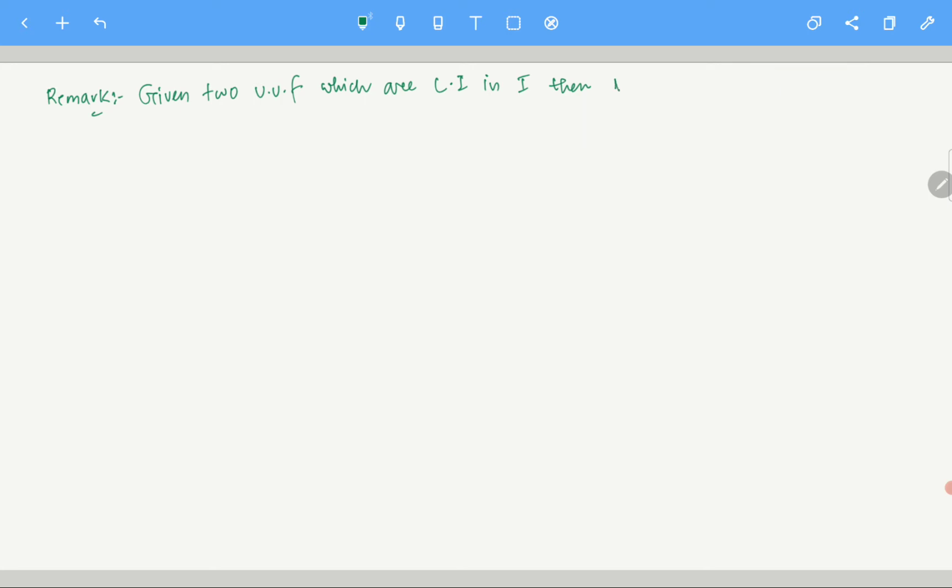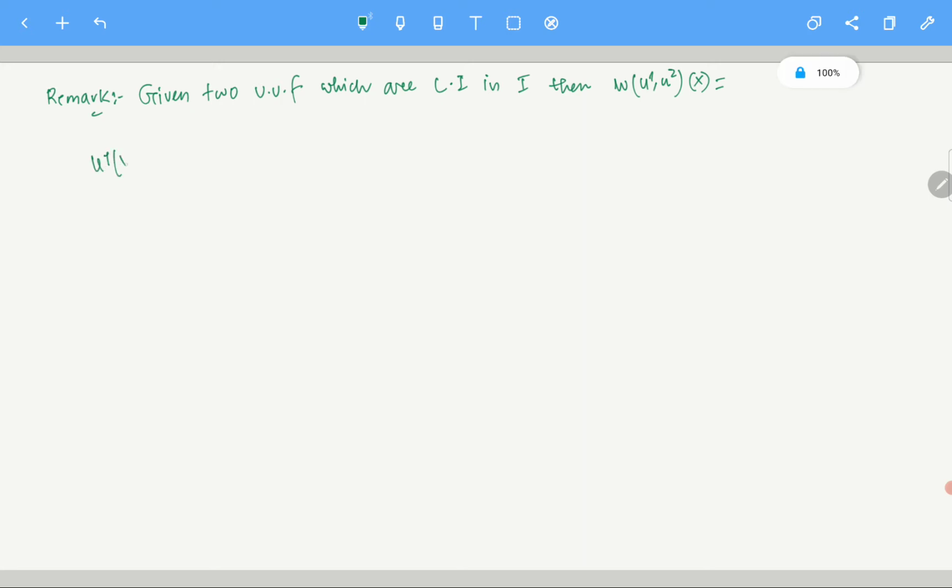Basically, given two functions u1 and u2, I want to check what the Wronskian of this is. Do you really think this is always going to be 0, or is it not? Either the Wronskian is 0 or not. That's the question. Okay, so let's take this example.